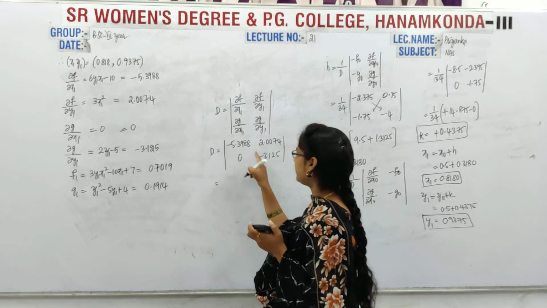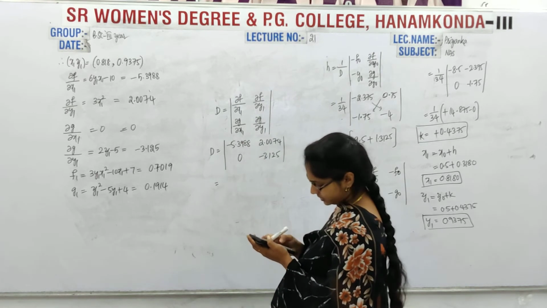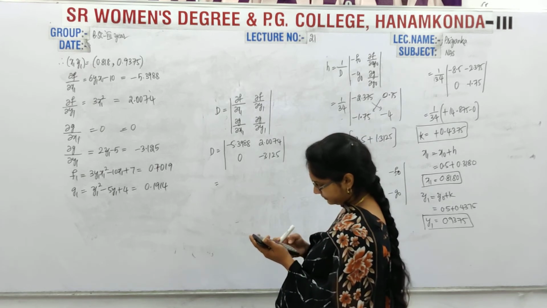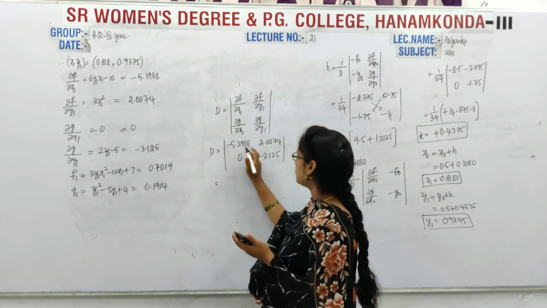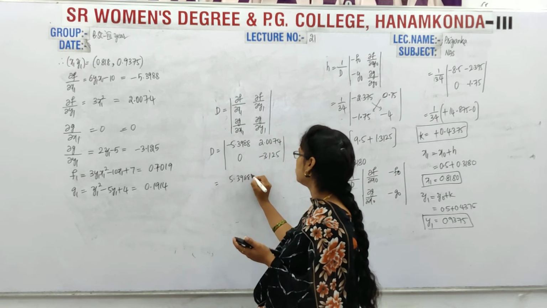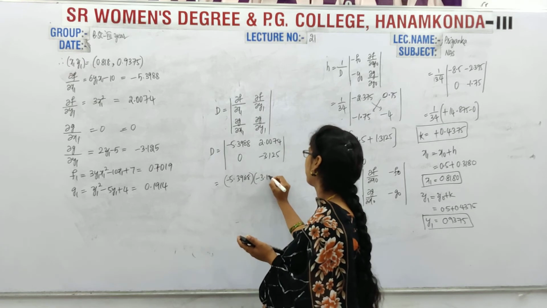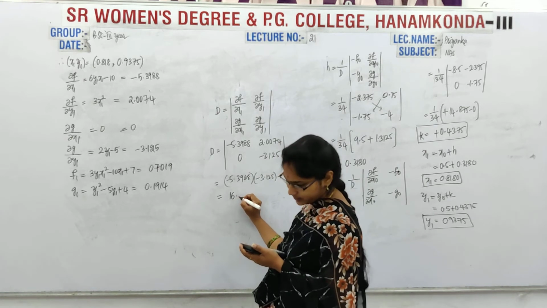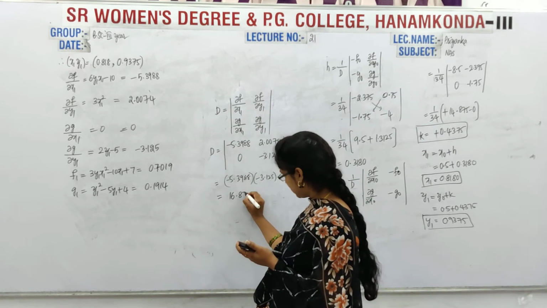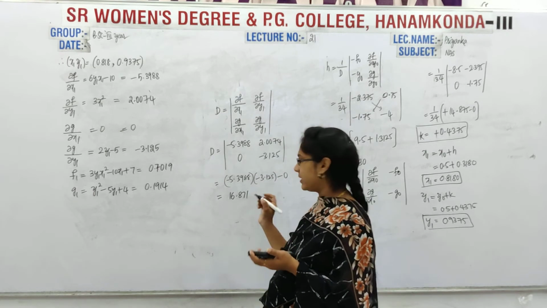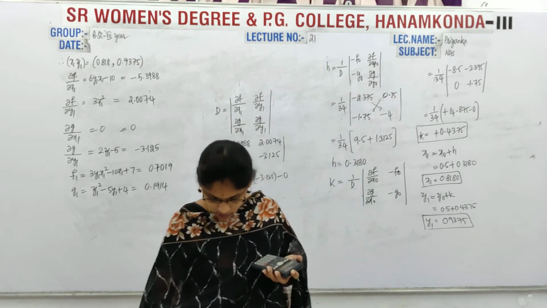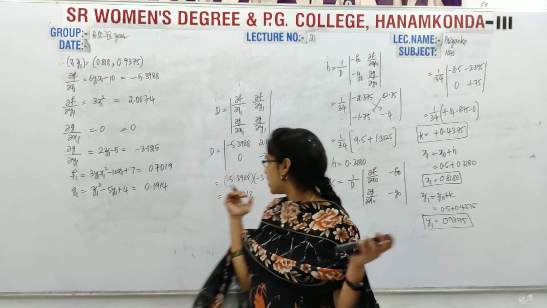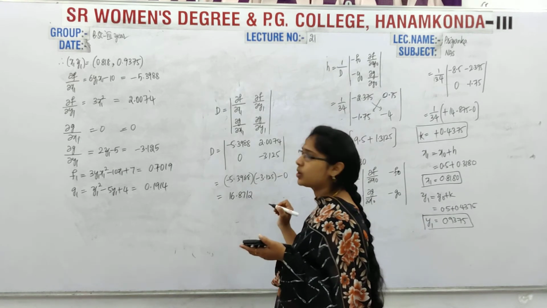Then the multiplication of these two, 5.3988 into 3.125. Of course, the product of 0 into something will be 0. So now it is 16.87125. I am taking 16.8712. So this is the value of capital D. Otherwise, you can take 16.87 also. There is no problem.